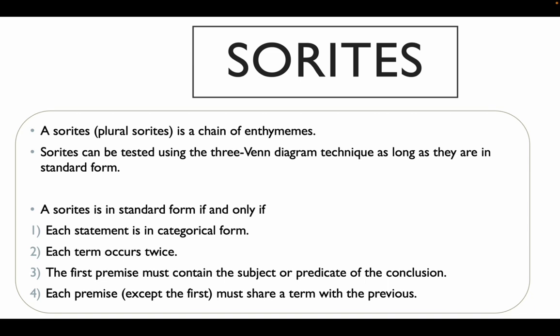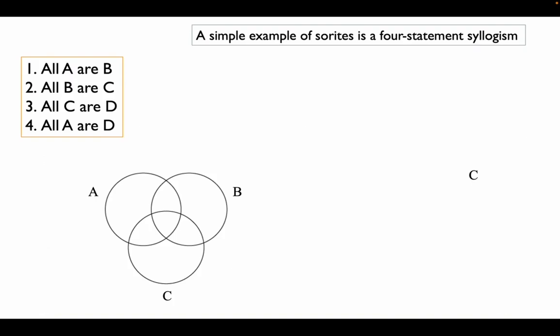Okay, with the rules in place, now let me give you a simple example of a Sorites, which is a 4-statement syllogism.